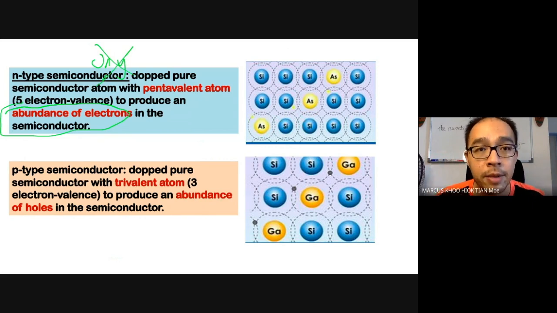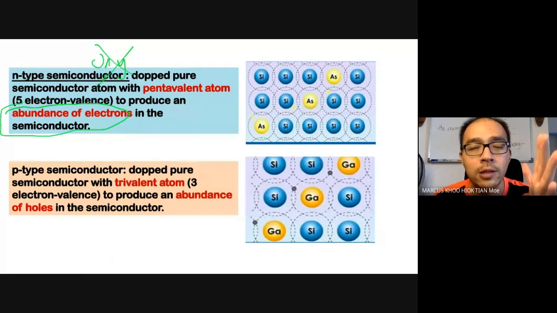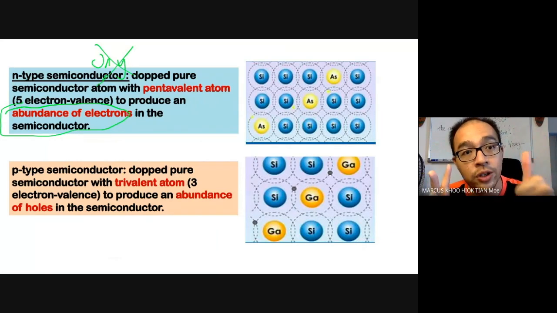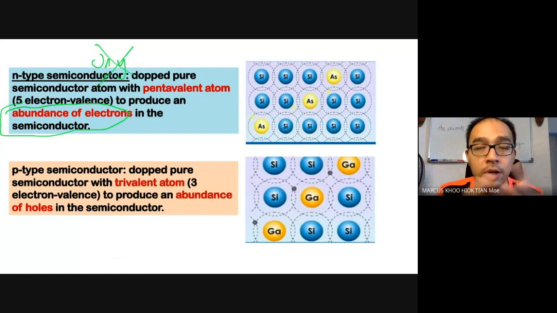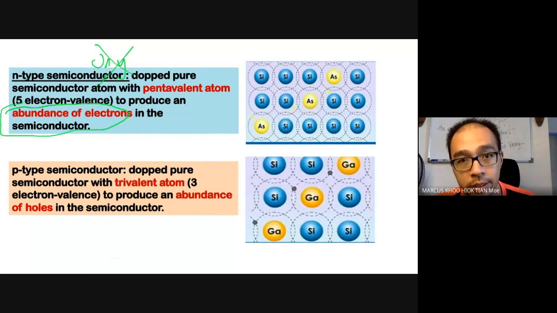But in the N-type semiconductor, you have 5 electrons and 4 holes, so there is 1 extra electron. A P-type semiconductor will be, maybe, 5 holes and 4 electrons. So there is 1 extra hole, which makes it a P-type semiconductor.